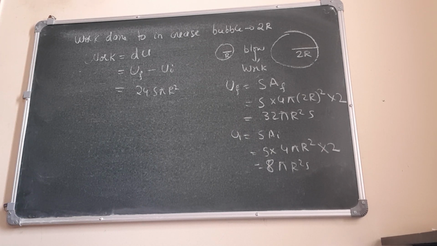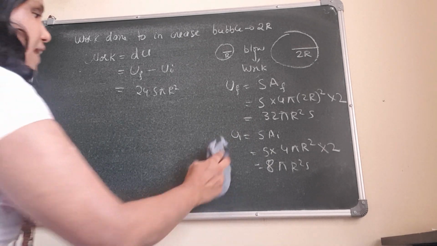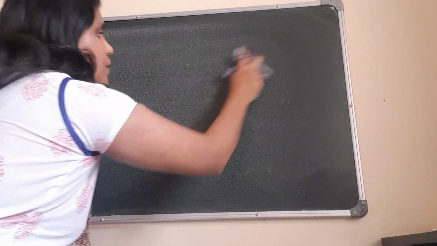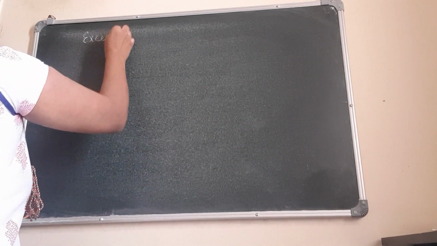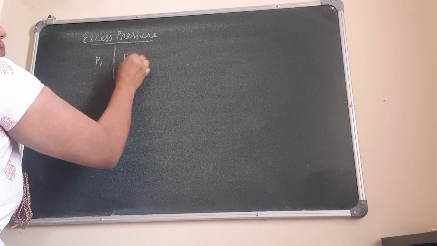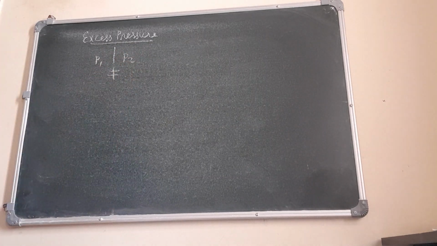Alright. Let us now understand the concept of excess pressure. Very important. Excess pressure. Now imagine I have a surface like this. Let us say there are 2 points P1 and P2. Both will be at equal pressure.